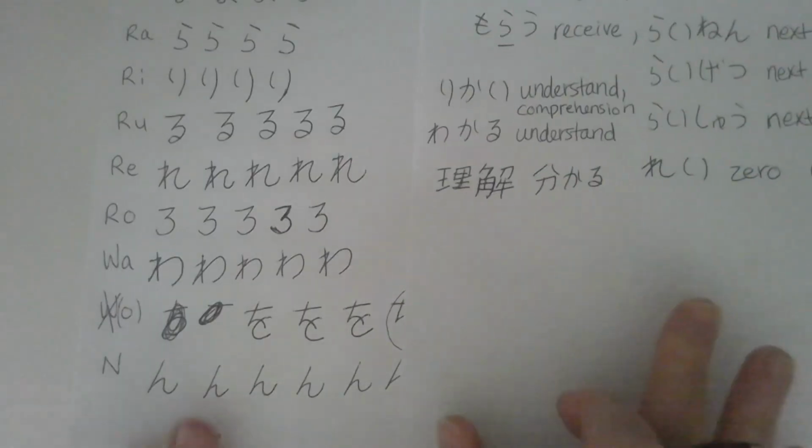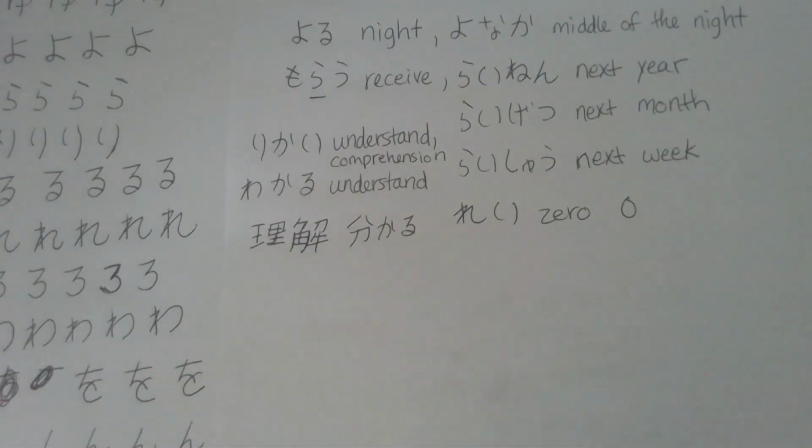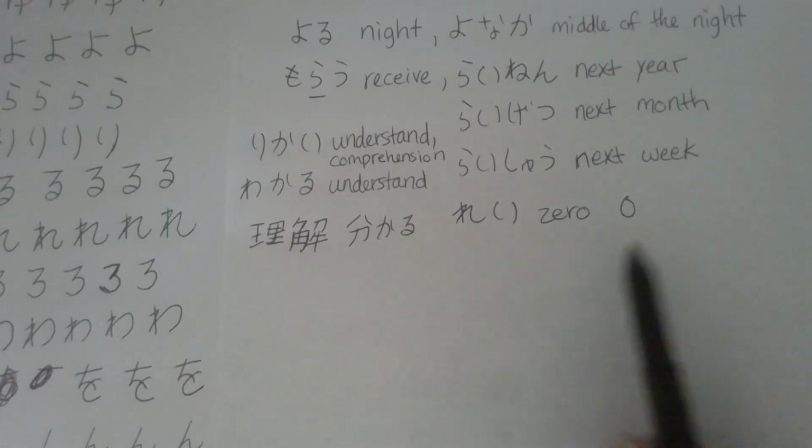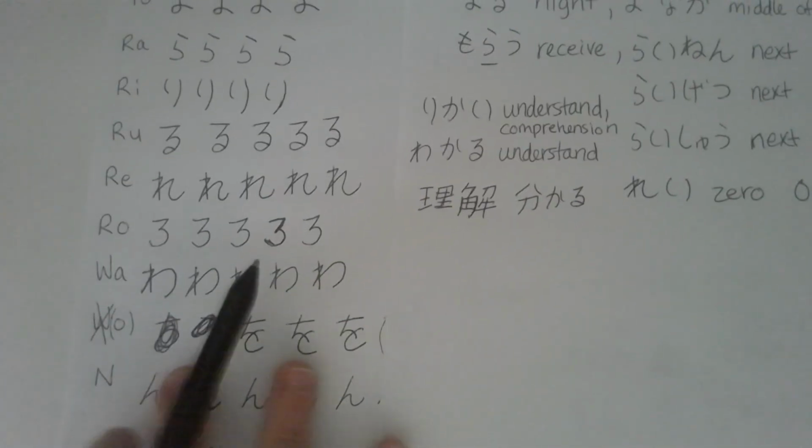So if you're telling someone your phone number and it has a 0 in it, you'd say it like that, 6013, you know.